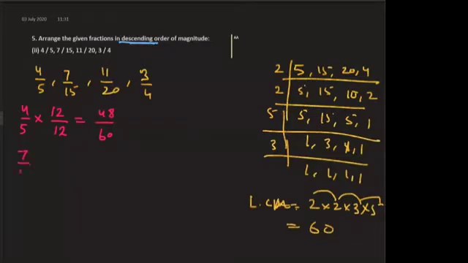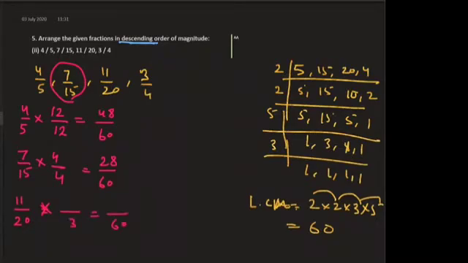Now your second fraction was 7 upon 15. So write 7 upon 15, and by what number shall I multiply 15 to get 60? By 4, because 15 fours are 60. So 4 in the numerator also. 7 fours are 28. Now 11 upon 20. By what number shall I multiply 20 to get 60?